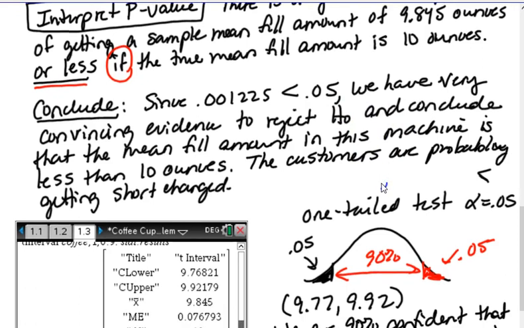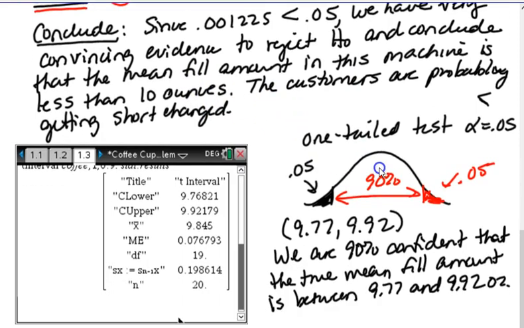Now, what if I wanted to know a little bit more, other than the fact that I think it's less than 10 ounces? Well, I could do a confidence interval. So this is a t interval. Notice here I did a 90% interval. This is kind of a minor point on the AP exam, but it might be asked.